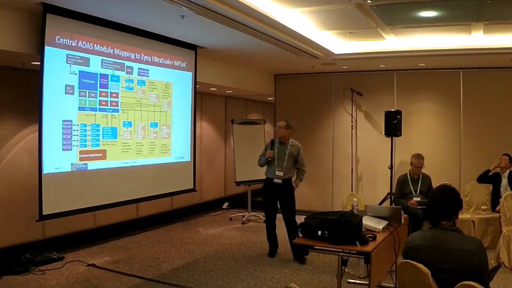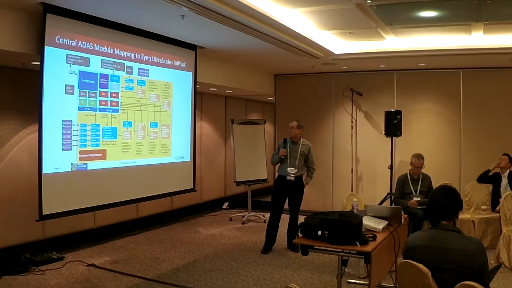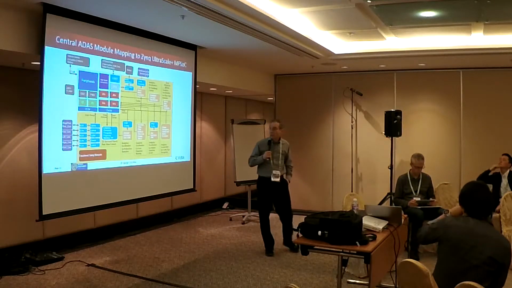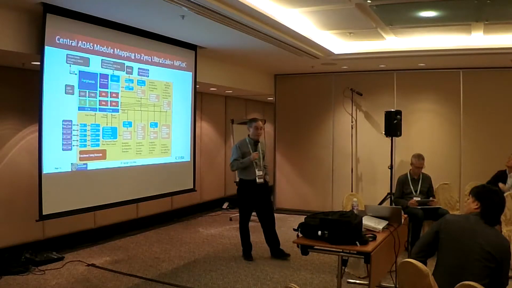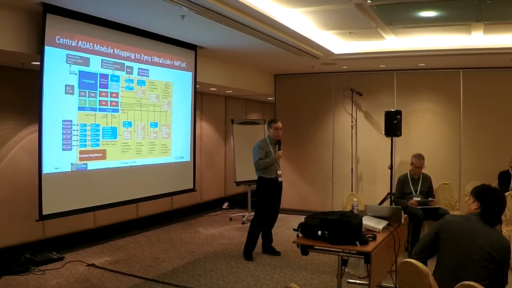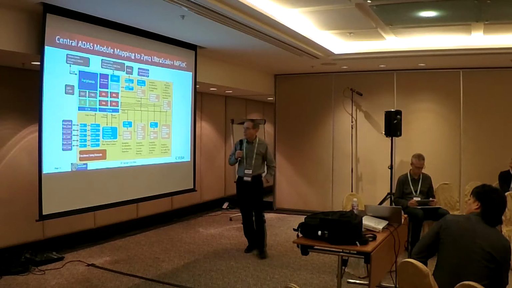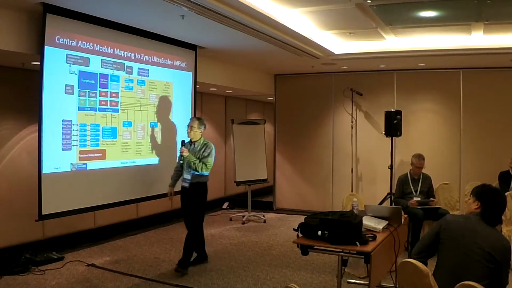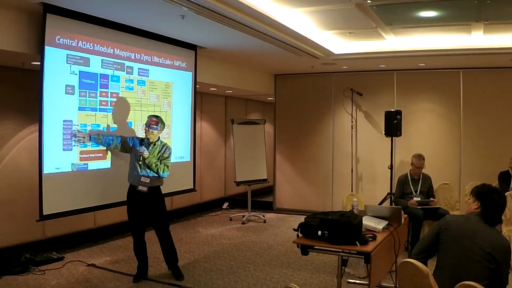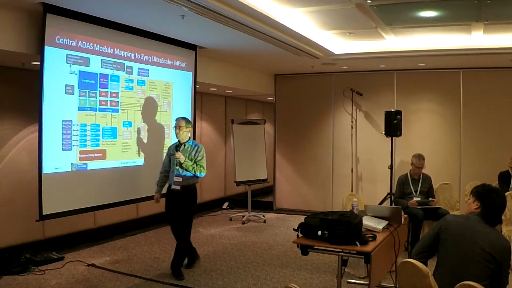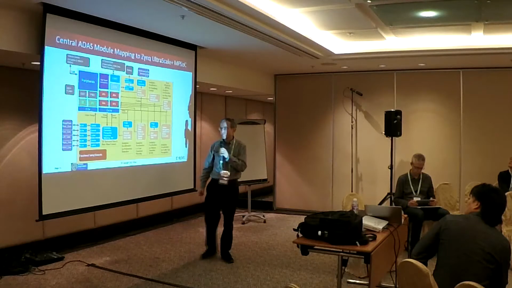This is a hypothetical architecture, or a theoretical architecture, for an ADAS system, for autonomous driving. And you can see what's involved in these types of systems. You'll have multiple cameras bringing information in, upwards to 6 cameras.